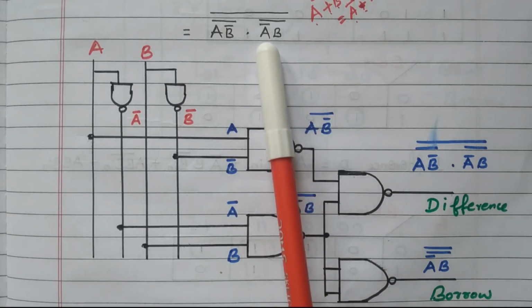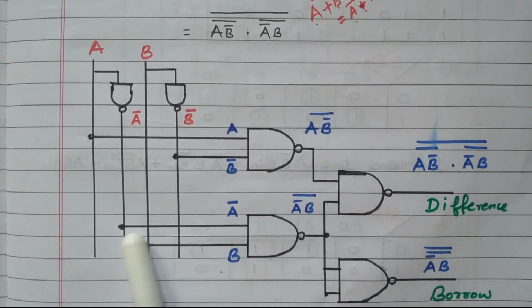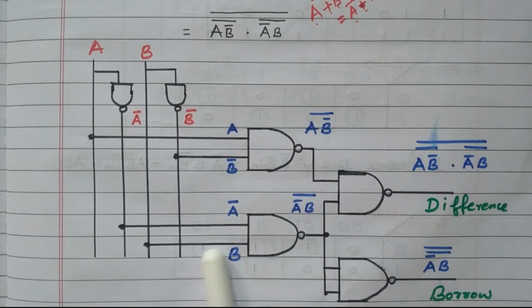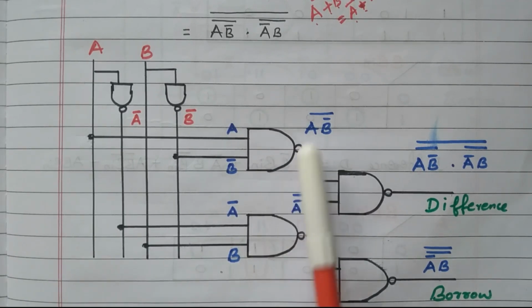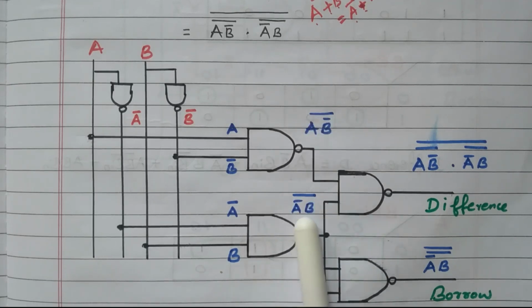The second term is A bar B. So A bar is connected and B is connected, and the output is A bar B the whole bar, because of the NAND gate. This symbol indicates the NAND gate. NAND operation means complement. Now these two terms are available: A B bar the whole bar, and A bar B the whole bar.